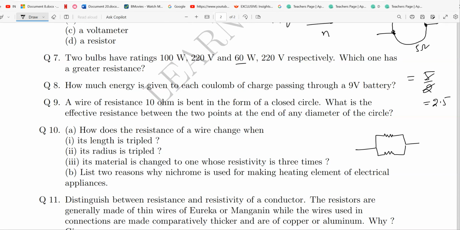Okay, if the radius is tripled, area will be 9 times and resistance is inversely proportional, so resistance will decrease by 9 times. So it will become 1/9 of the original. Yes. Okay. Don't write decrease by 9 times. Write the words: it becomes 1/9 of the original.